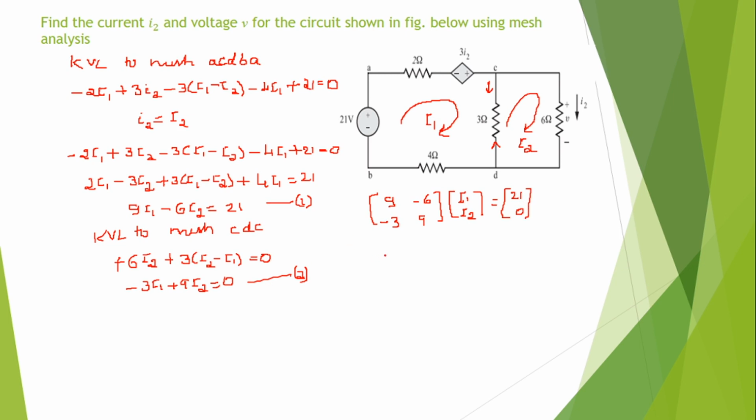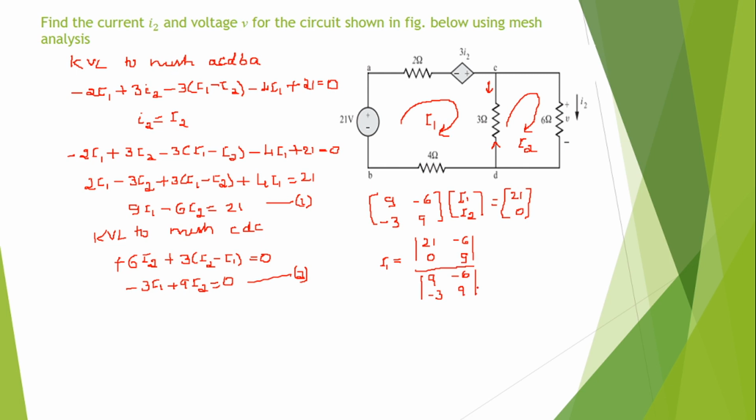Correct. Now what is I1? It is the determinant of the matrix obtained by replacing the coefficients of I1 by the constants, that is [21, minus 6; 0, 9], divided by the determinant of the coefficient matrix [9, minus 6; minus 3, 9].